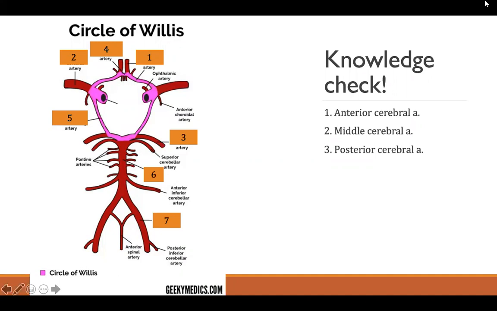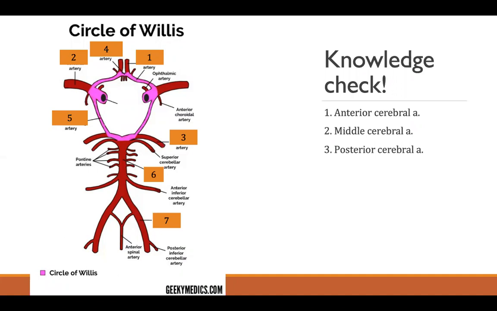Then the next ones, 4, 5, 6, and 7 as well. Please write down the answers. I'd like as many answers as possible. Anterior communicating, brilliant. Keep them coming. Okay, 5 is posterior communicating, and 6 is basilar, someone says.